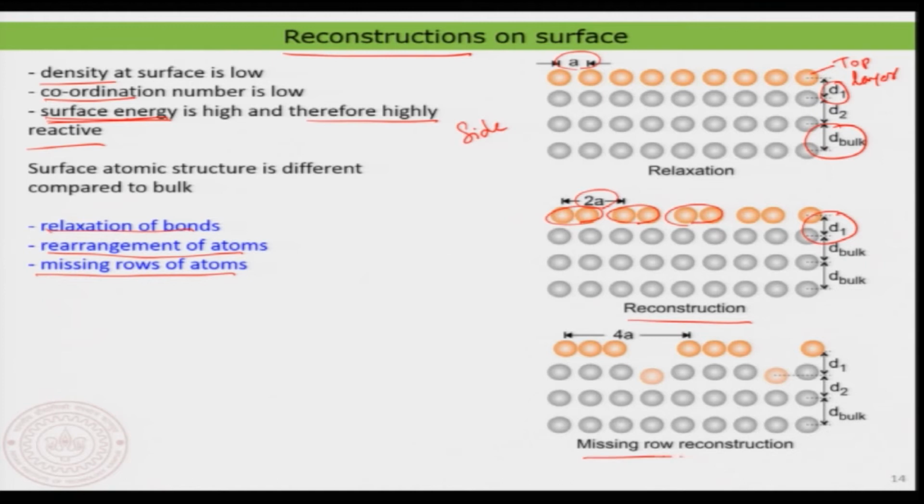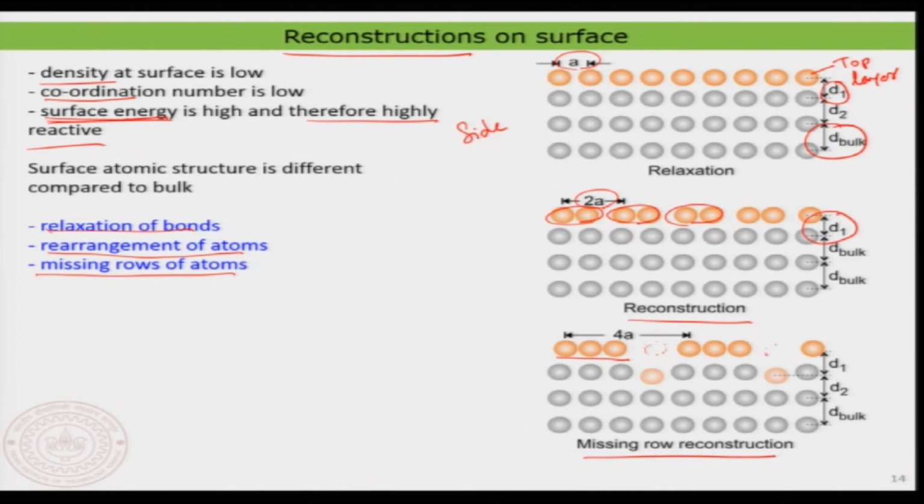Now, you can also have something called missing row reconstruction. The missing row reconstruction is very interesting, where more atoms are coming closer. As you would see here, 3 atoms are coming closer, and they are forming some kind of a group. And once you put 3 atoms together, immediately one of the atoms here, which was originally there, starts to feel isolated, and that atom would miss, or it may move into the bulk, or rearrange somewhere else, and so on.